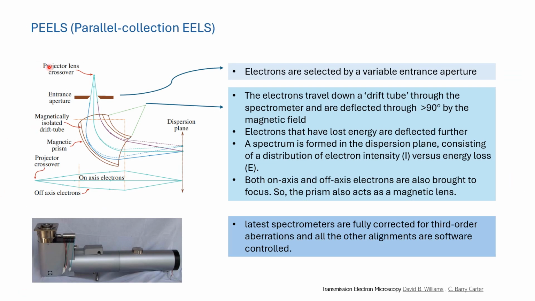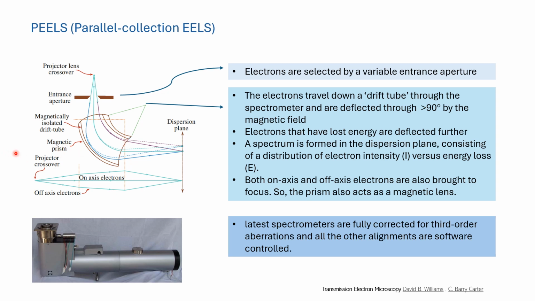This piece is installed beneath the camera system of a TEM, and electrons are selected by a variable entrance aperture, where we can actually change the diameter of the entrance aperture from 1 to 5 millimeter. The electrons then travel down this drift tube through the spectrometer and are deflected through an angle of greater than 90 degrees by the magnetic field.